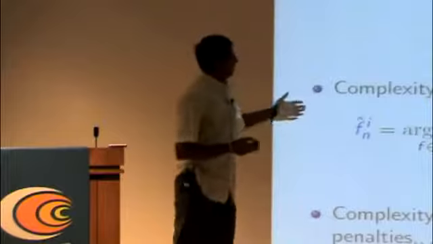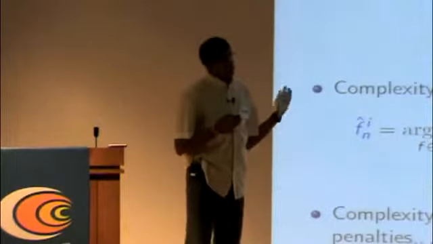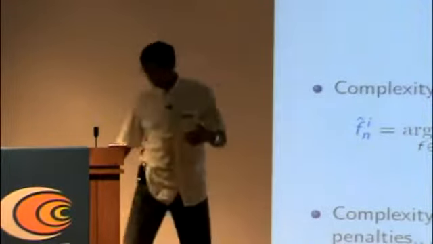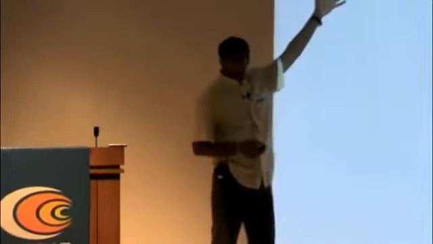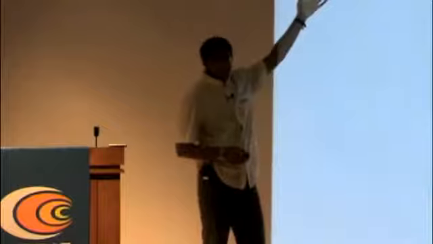Now the reason people are often interested in these procedures is because often we can prove very nice statistical properties about them. So we can prove what are called Oracle inequalities, where we can show that the function f hat n that we select has a small risk.